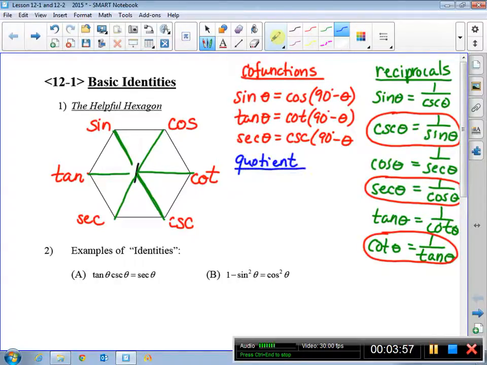And quotient identities, tan equals sine over cosine. So just trace an arc on that outside, and we start with tangent, and it equals sine over cosine. Likewise, if we start at cotangent, and we arc to the left, we hit cosine over sine.